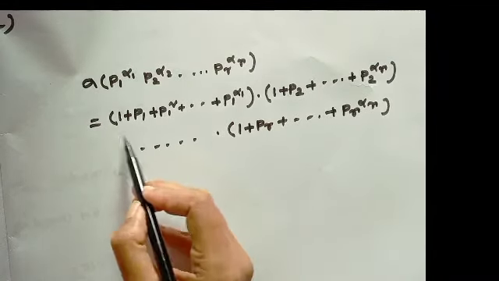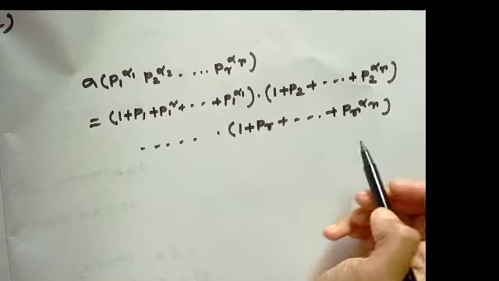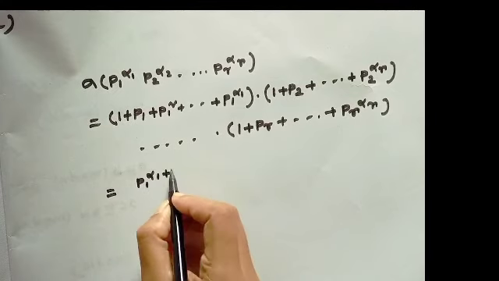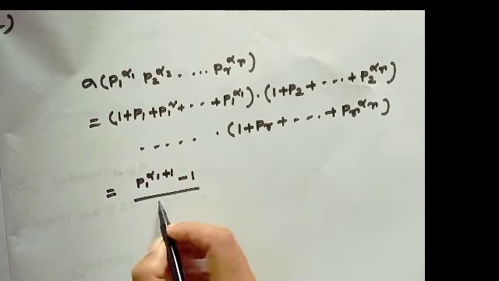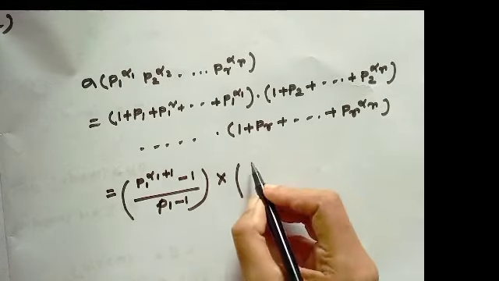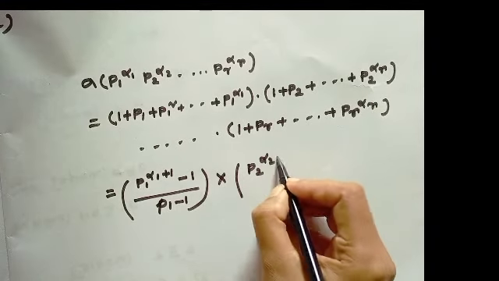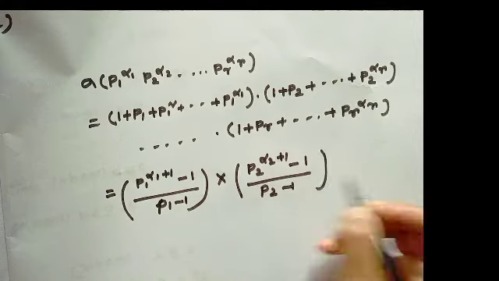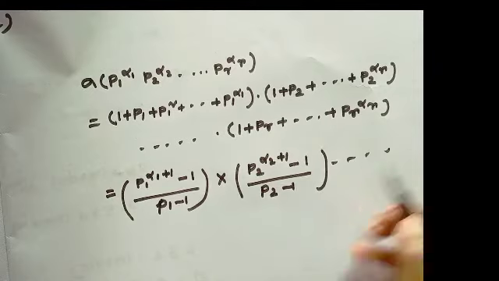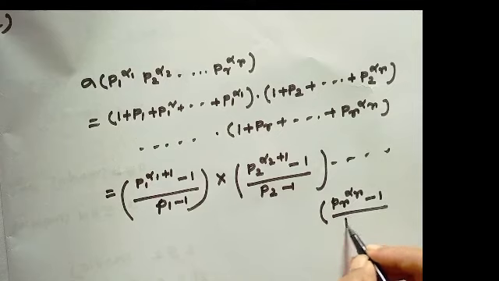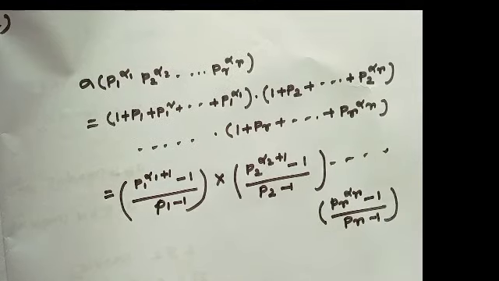Okay, and each of these is a GP series. That means this will be p1 to the power alpha 1 plus 1 minus 1 over p1 minus 1, times p2 to the power alpha 2 plus 1 minus 1 over p2 minus 1, because this is a GP series, up to pr to the power alpha r plus 1 minus 1 over pr minus 1. Okay, this is the formula.